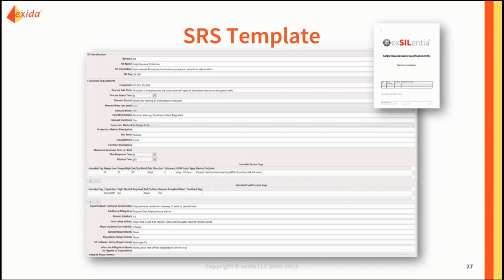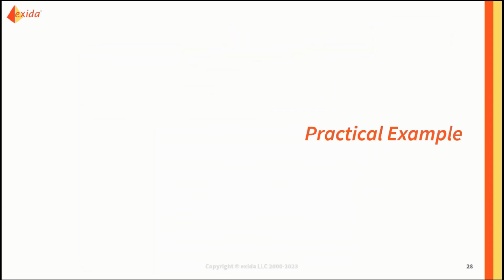So it's very easy to just click into the next module and see exactly what the requirements are, see exactly what hazard scenarios the SIF is expected to respond to, and why the design criteria is what it is. So that in a nutshell is how we would do that in exSILentia.